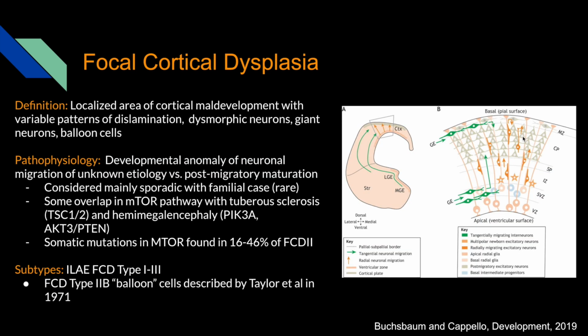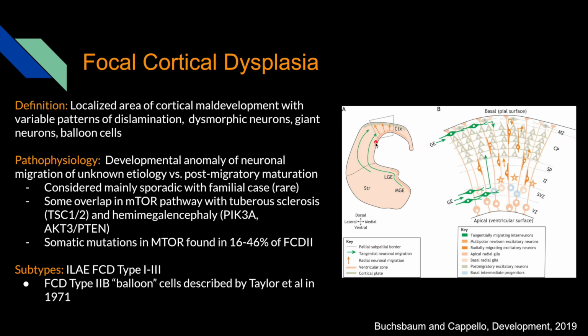This is a localized area of the cortex where there's a maldevelopment and various patterns of dyslamination, dysmorphic neurons, giant neurons, and balloon cells. Pathophysiologically, it's thought to be due to a developmental anomaly of migration or post-migratory maturation, or both.